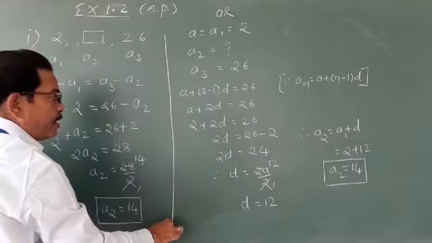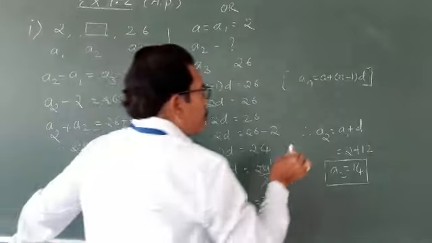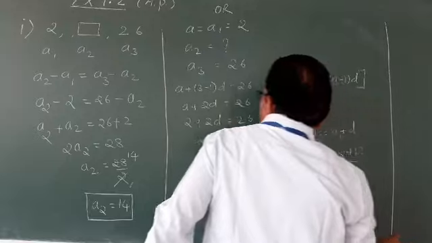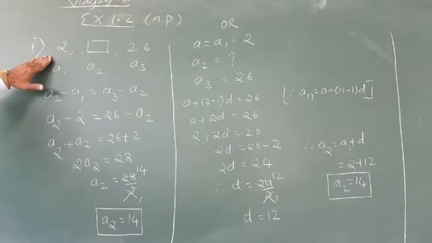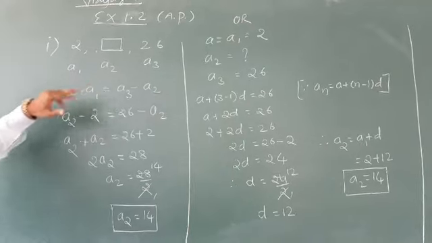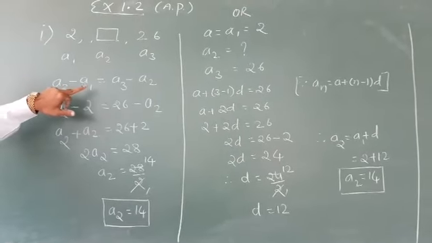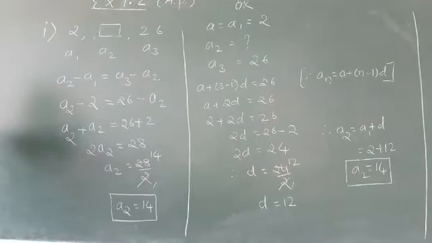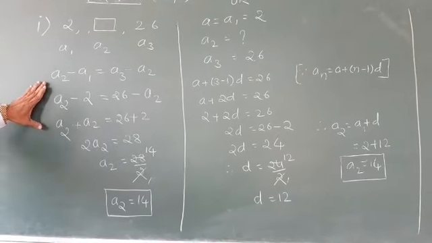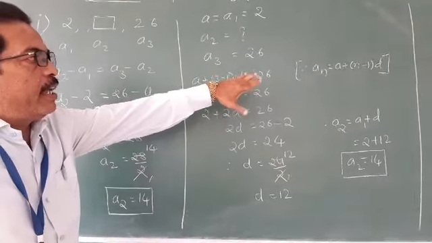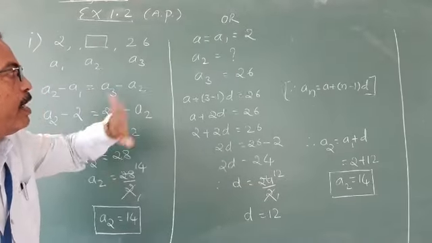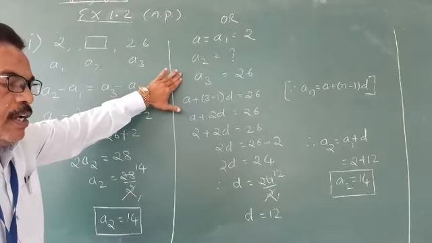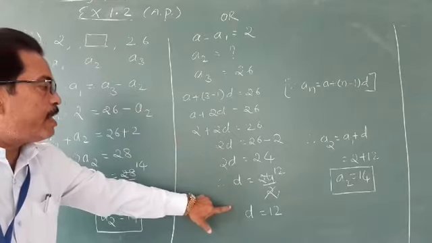Whichever method you can easily understand, that you can follow. Here one method uses the condition A2 minus A1 equals A3 minus A2. But the very useful one is applying the nth term formula, an equals a plus n minus 1 into d. In this case, we have to find the common difference.